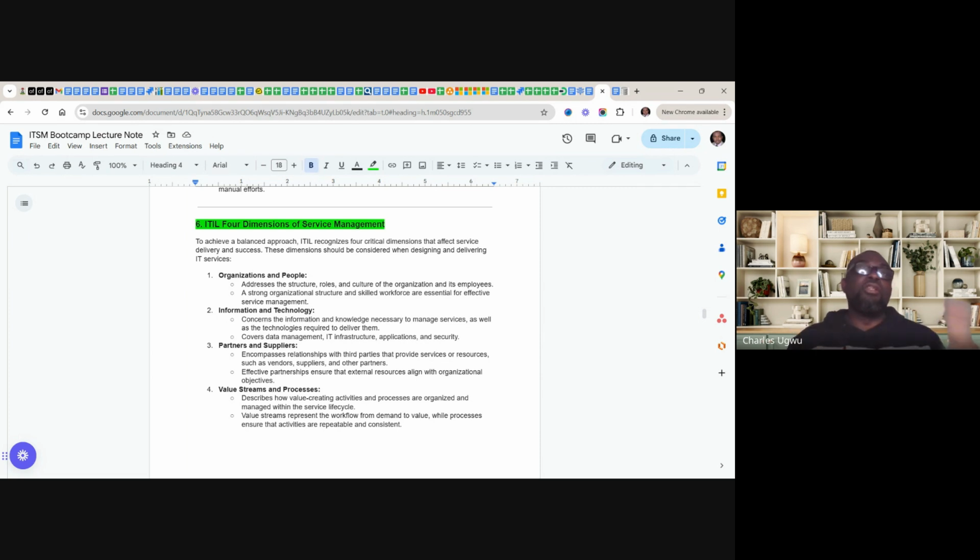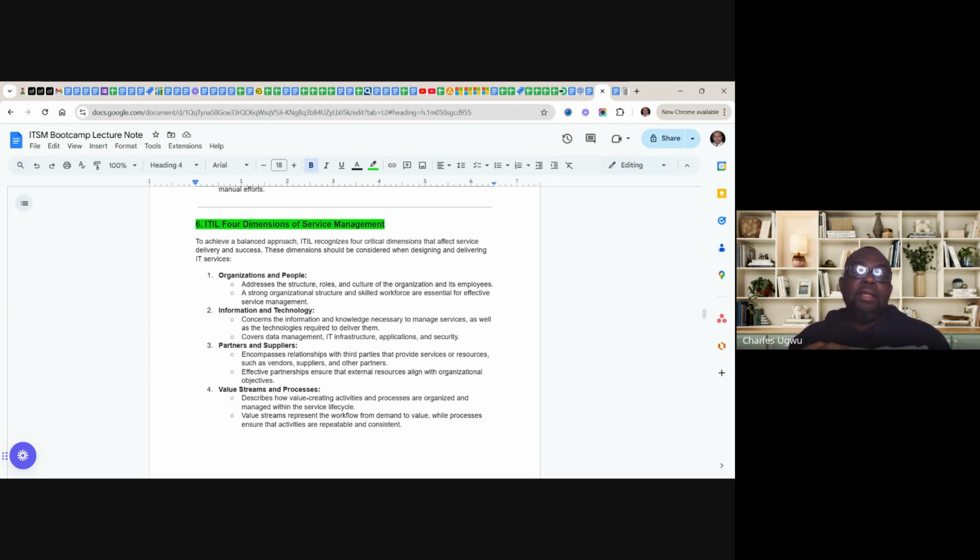So these are things we do as an IT service manager. Like I said, data capture and management, IT infrastructure and application, and security. So it's all about understanding the organization and designing the right solution for them.